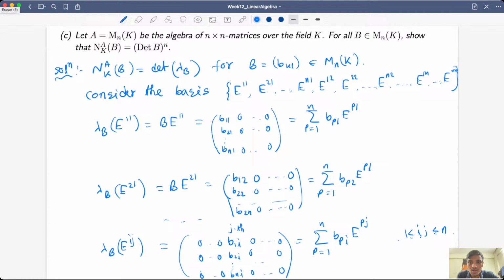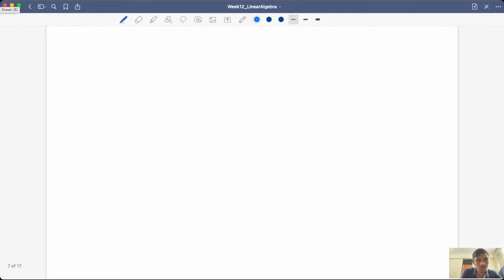Note that this B11, B21 appears only in the first n entries. Then for the 2 1 entry it is shifted, again on the P1, but this column is the second column of B. Then I write the matrix of lambda B.